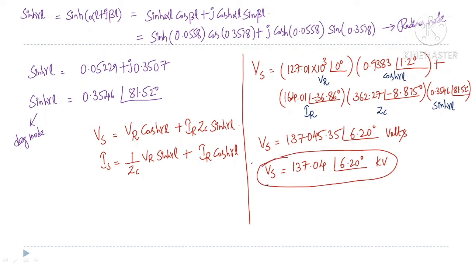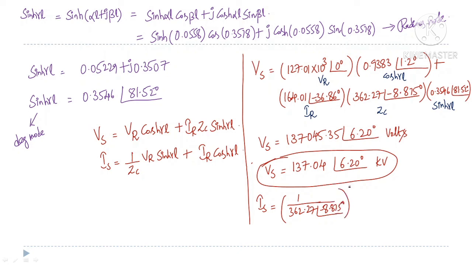Similarly, how can you get the value of Is? Let me substitute all the things. First 1 by ZC, right? So you will get 1 by 362.27 at an angle minus 8.875 degrees.